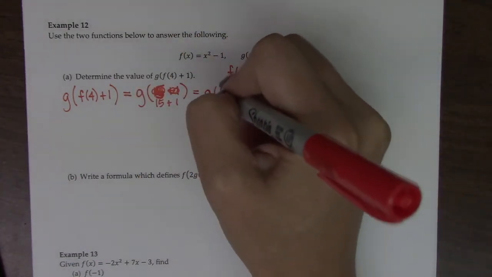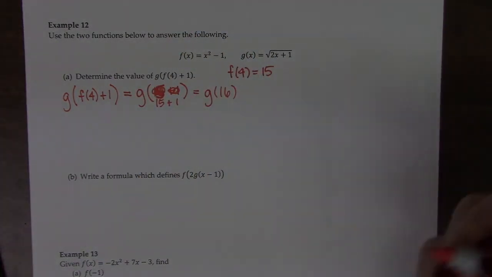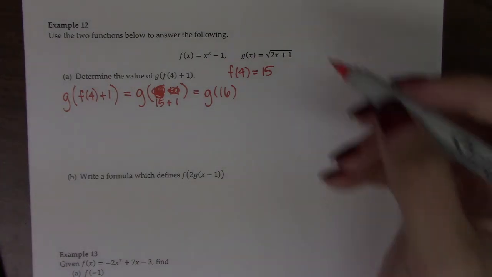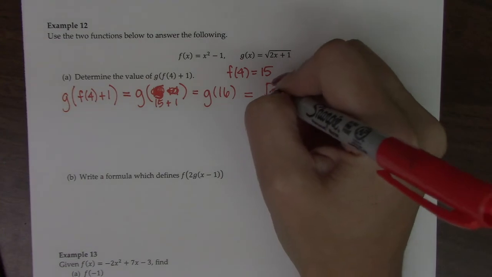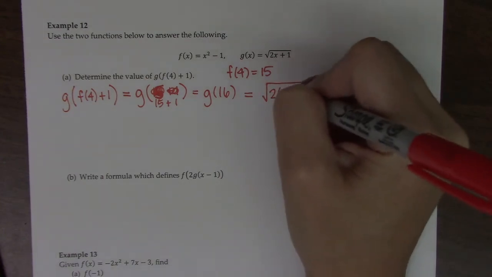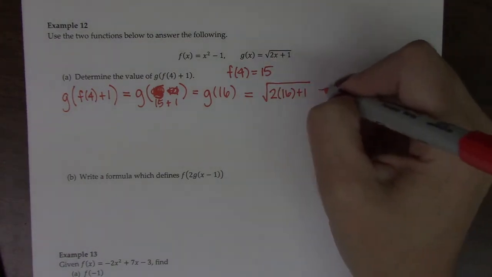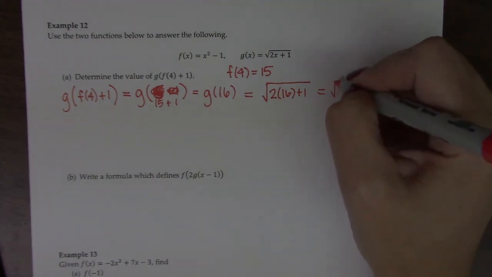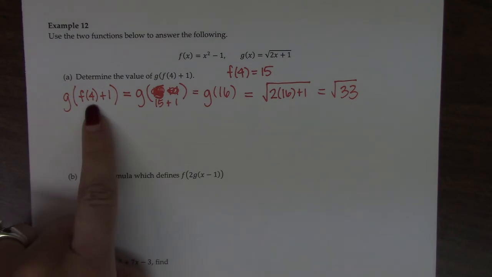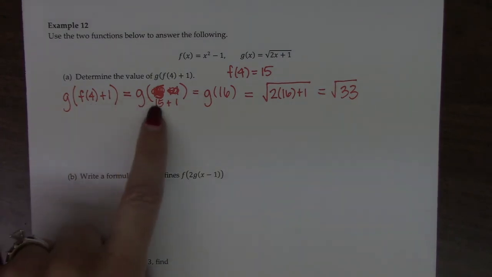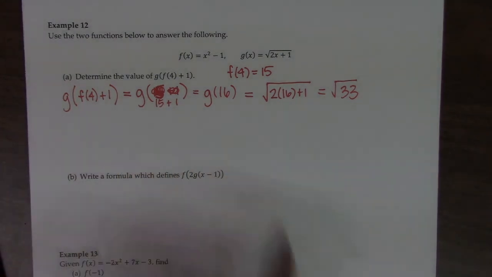That's going to be g of 16. Now I'm going to plug 16 into g of x. That's 2 times 16 plus 1. 2 times 16 is 32, plus 1 is 33. So I evaluated the function at the given number, replaced that in the equation, and then simplified from there. But notice you work from the inside out.